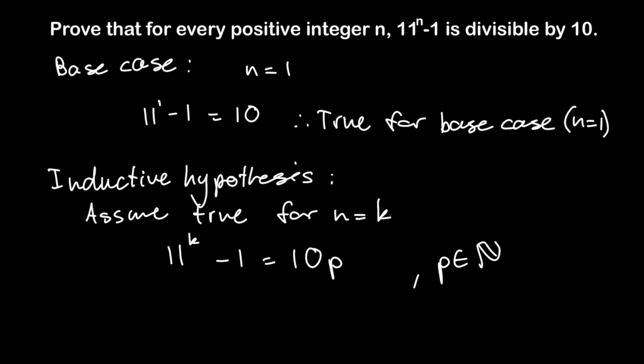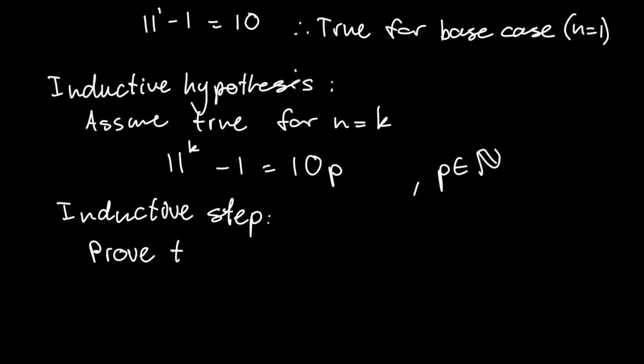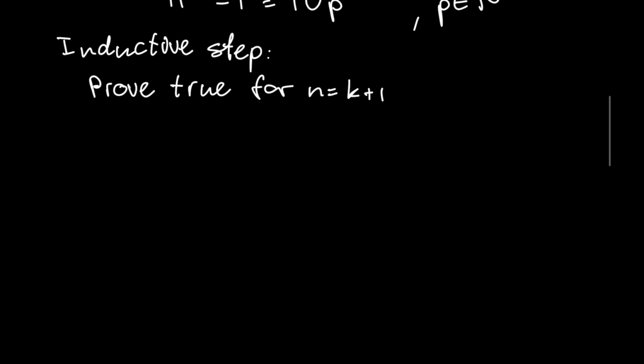Okay, so then we move along to the inductive step. So now we must prove our statement to be true for n equal to k plus 1. Okay, so here's where the manipulation comes in.